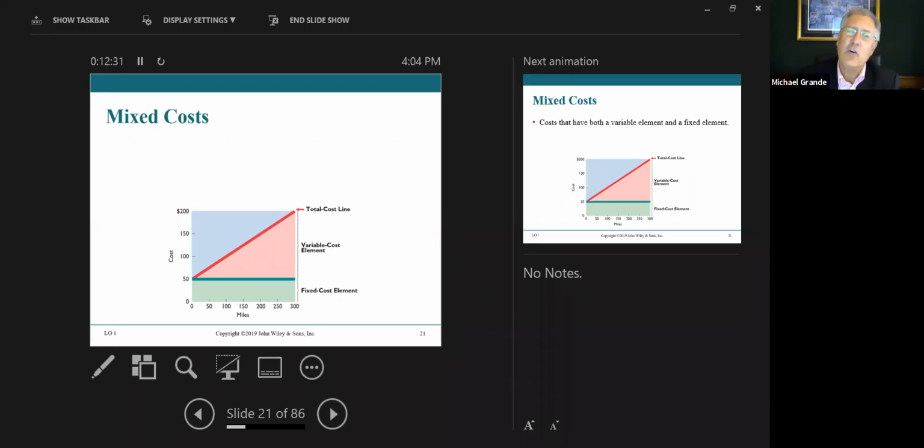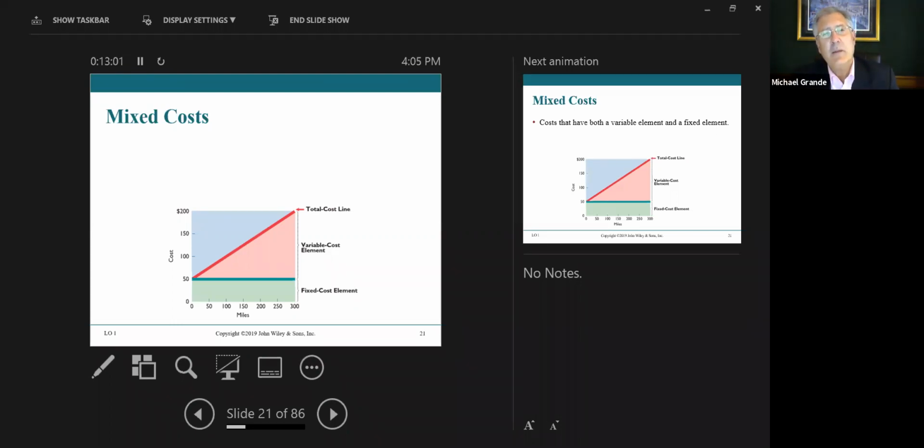If we know that a cost is purely variable, that is direct materials, and the direct materials are $10 per unit, if I want to estimate total direct materials costs, all I need to know is how many units we're going to produce. If it's $10 per unit and we expect to produce 1,000 units, direct materials cost will be $10,000, easily predictable.